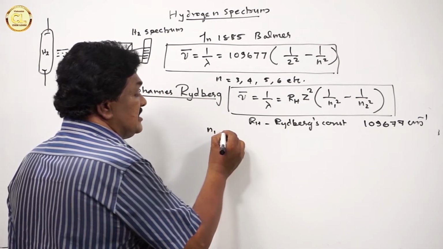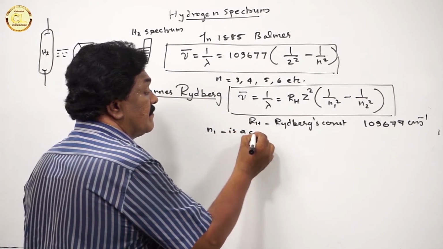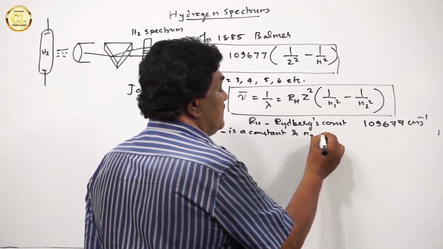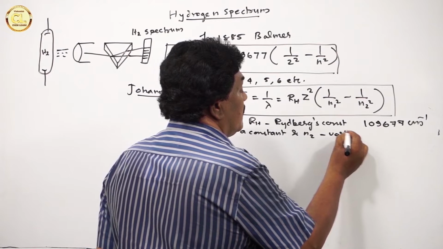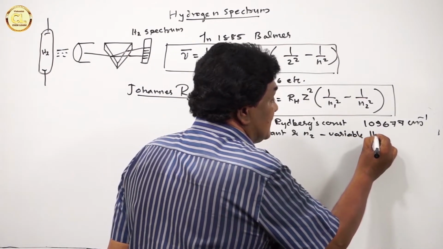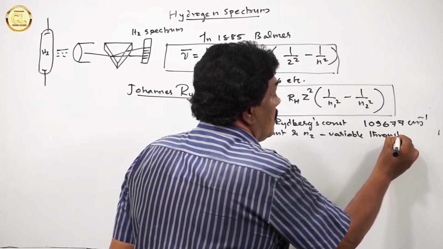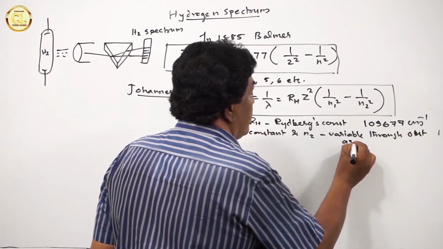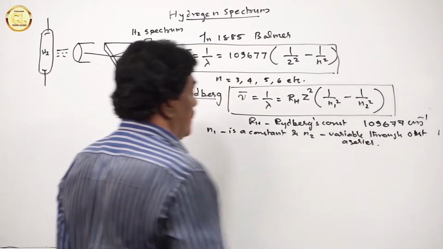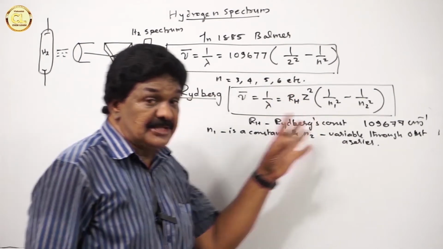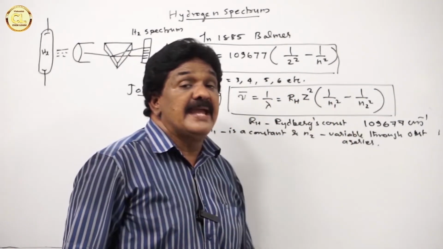N1 is a constant and N2 is a variable. Throughout a series, N1 will be a constant for a particular series and N2 will be a variable.